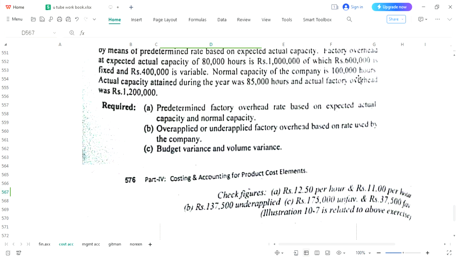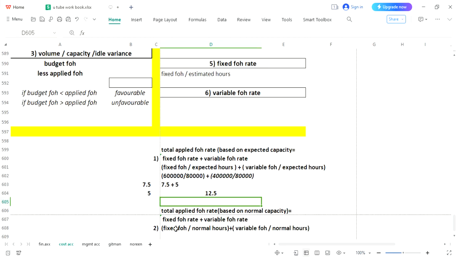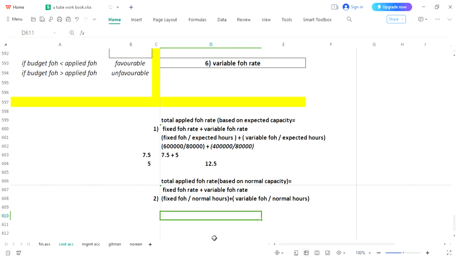So our hours have been changed. Would fixed FH be changed if we have changed the working hours from 80,000 to a normal 1 lakh hours?